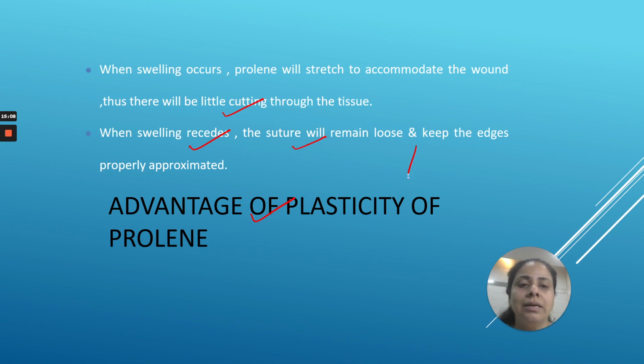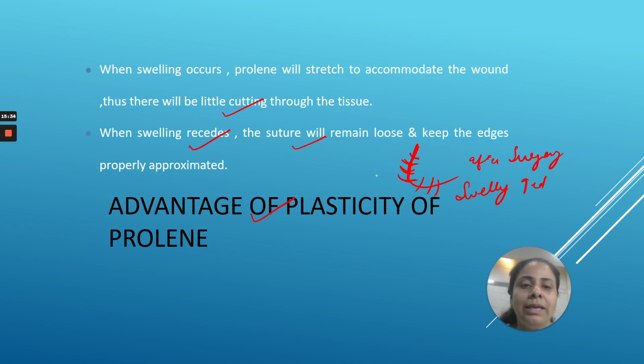Suppose there is a swelling here, and I have put sutures, and after surgery the swelling increased. Now in normal scenarios, there will be tension here. These sutures will get tense, right? There will be tightening of sutures. But what will happen?